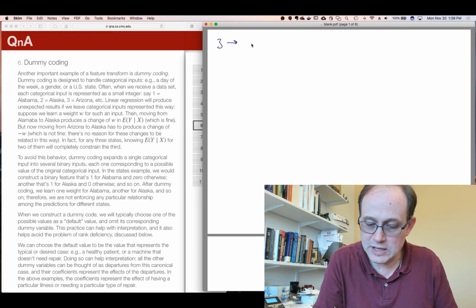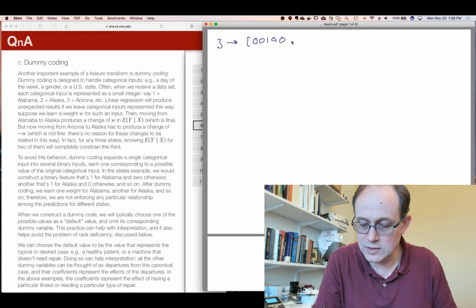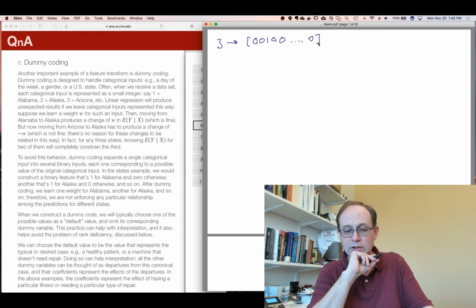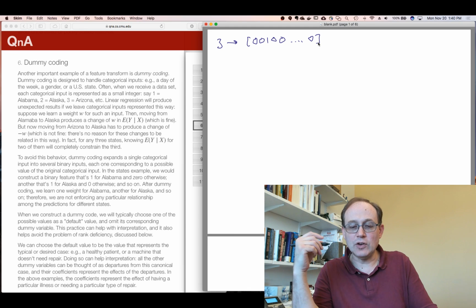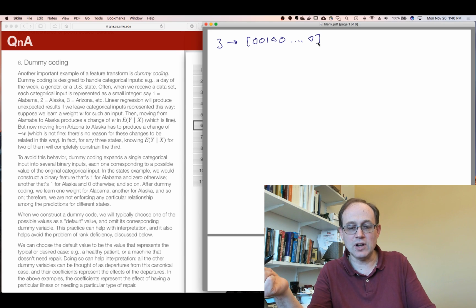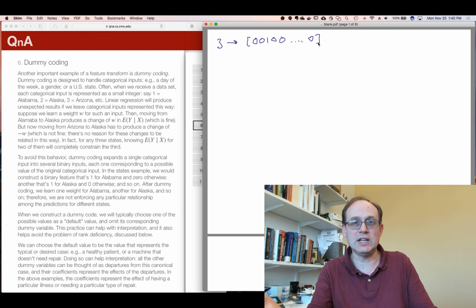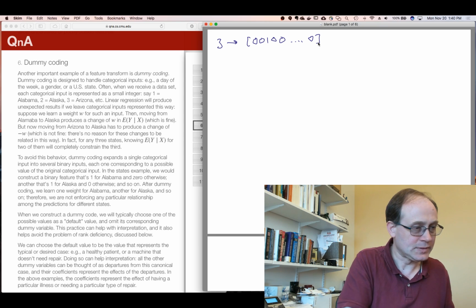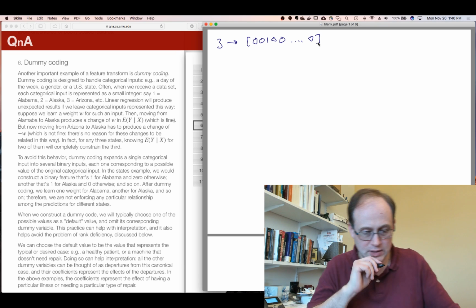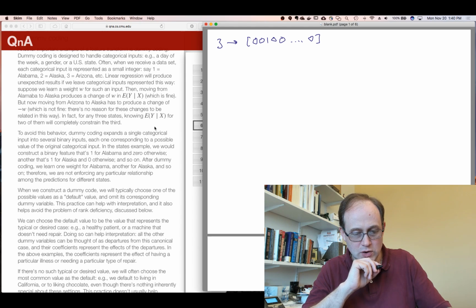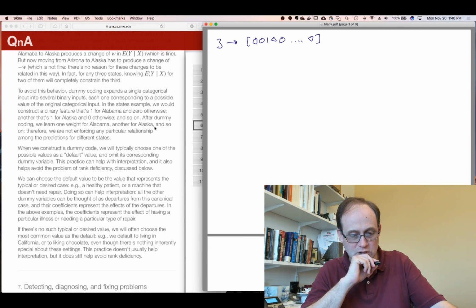That would then turn into the vector 0, 0, 1, 0, 0, and so forth, up to the number of possible values. And so each one of these possible vectors will have a single feature turned on, all of the rest of them turned off, and the index of that feature will tell you what the original value of the variable was.